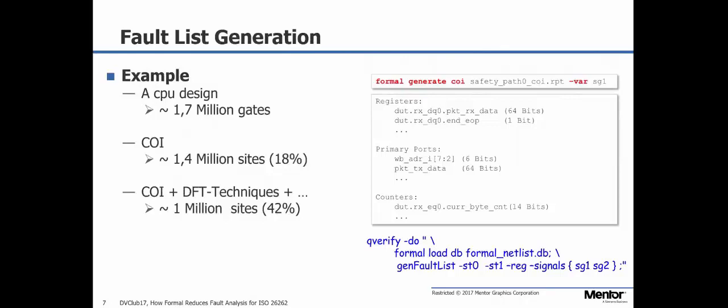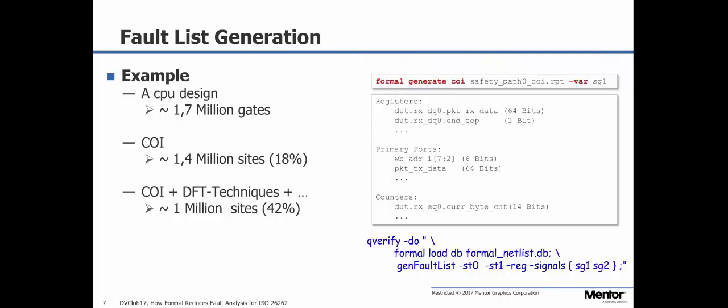When we apply other techniques like fault collapsing and others, we get a further 28%, so that in total we have 2%. So it is a dramatic reduction, and it is necessary to do this kind of fault optimization.